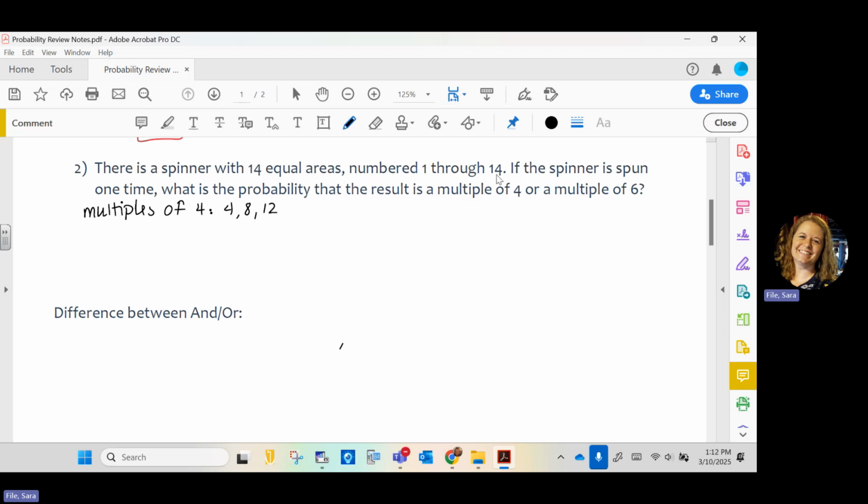So 4, 8, and 12 are multiples of 4. Okay, the multiples of 6 would be 6 and 12. So far, so good?